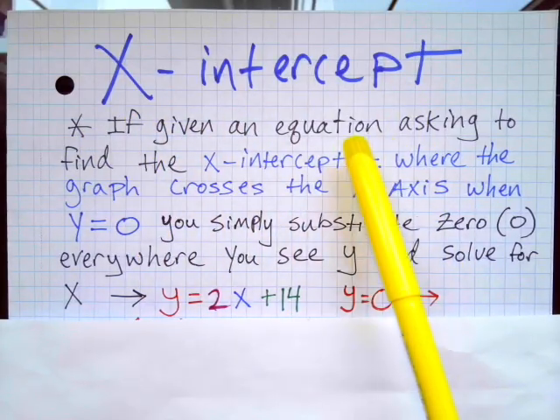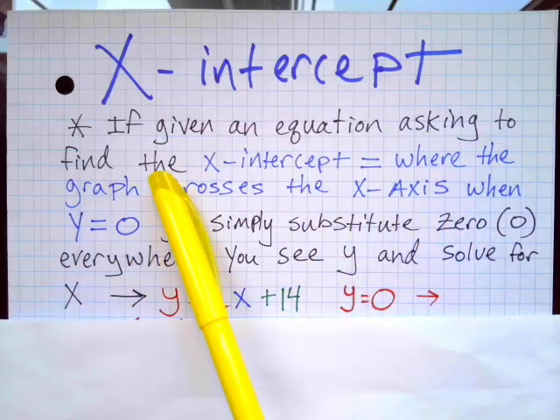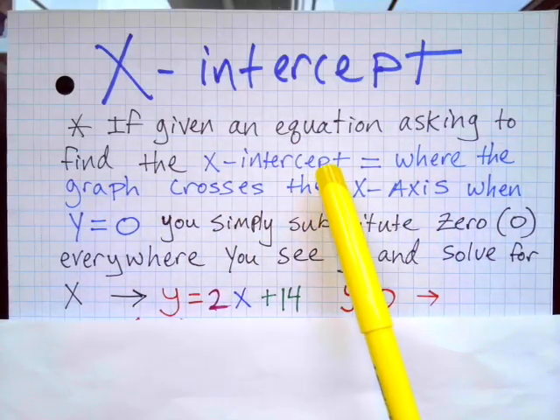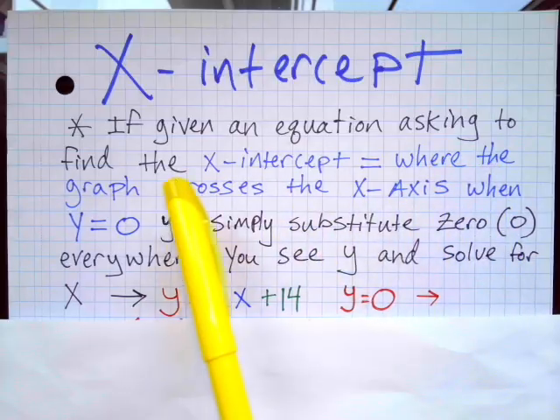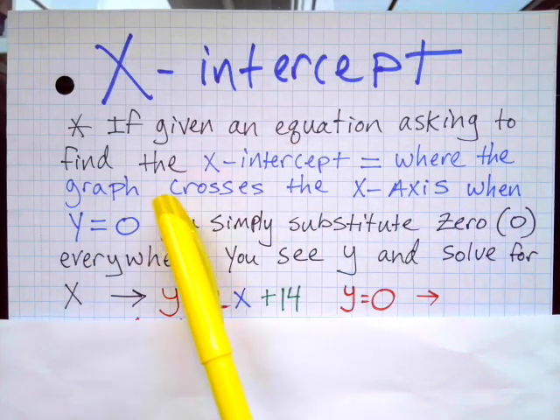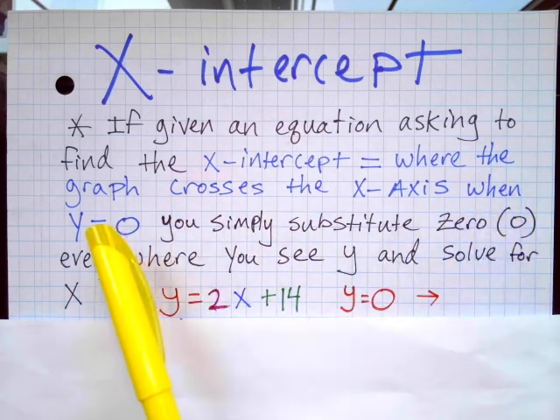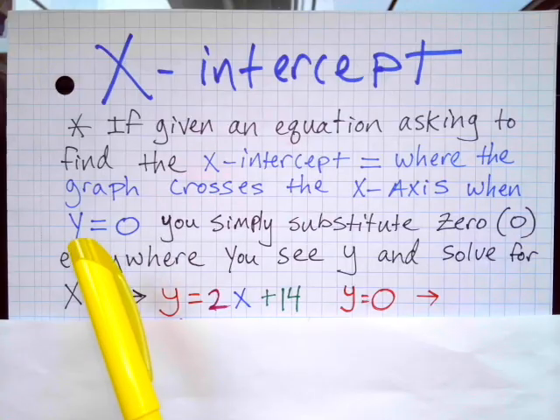If given an equation asking to find the X intercept, the X intercept is where the graph line on the graph crosses the x-axis when y equals 0.